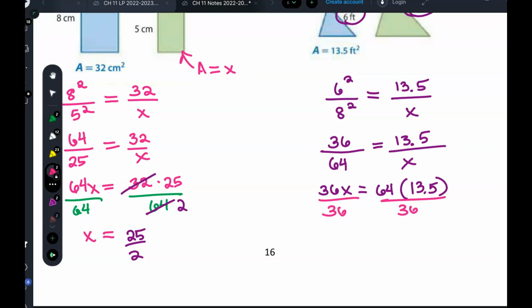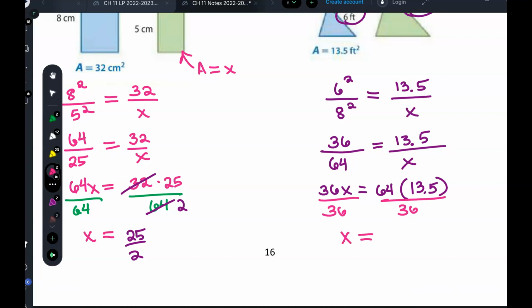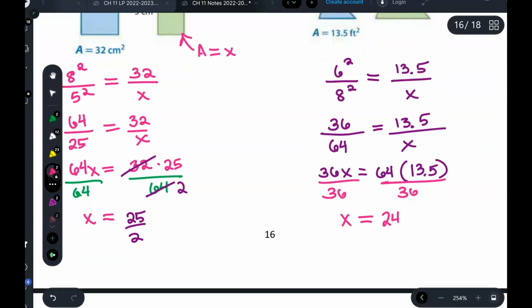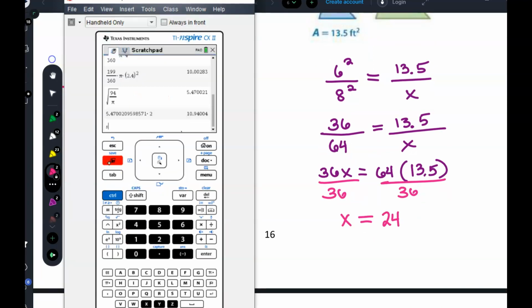Did you plug it into your calculator? Oren plugged it into his calculator and he got 24 over 100. Should we take his word for it? Please be wrong. Please be right. 64 times 13.5.